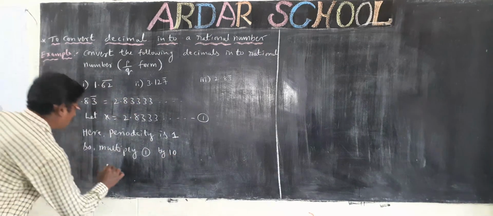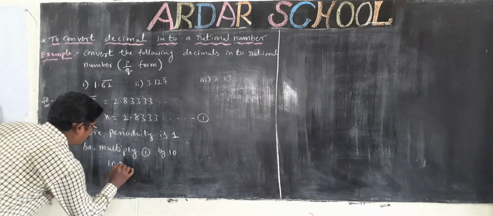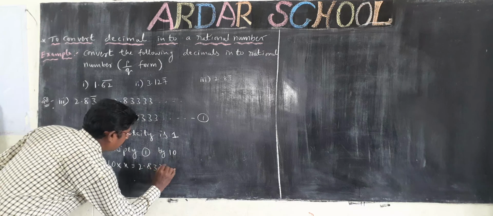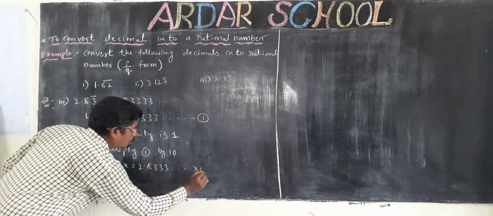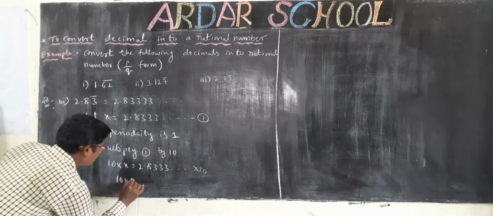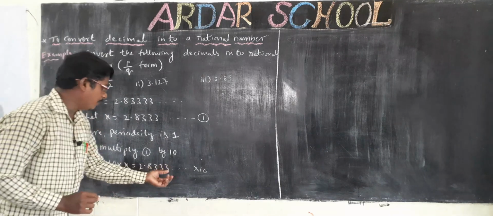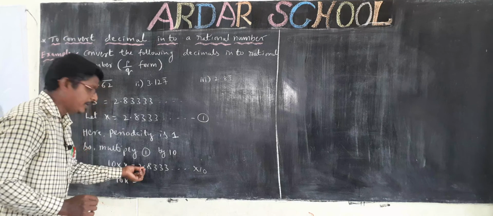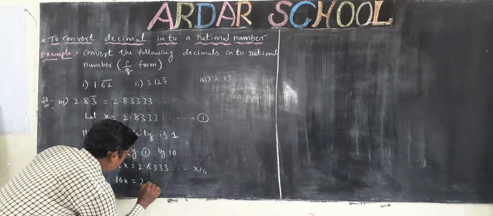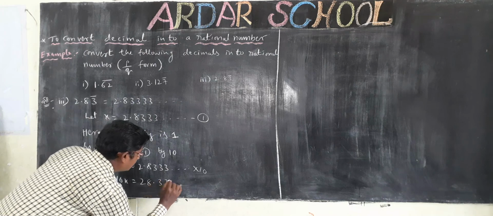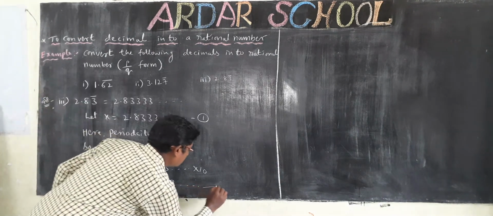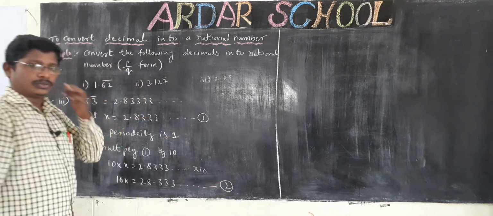So 10 into x is equal to 2.8333 and so on into 10. Then we get 10x is equal to, here multiplying with 10, the decimal point also moves one step to the right, so 28.333. Now this is equation number 2.